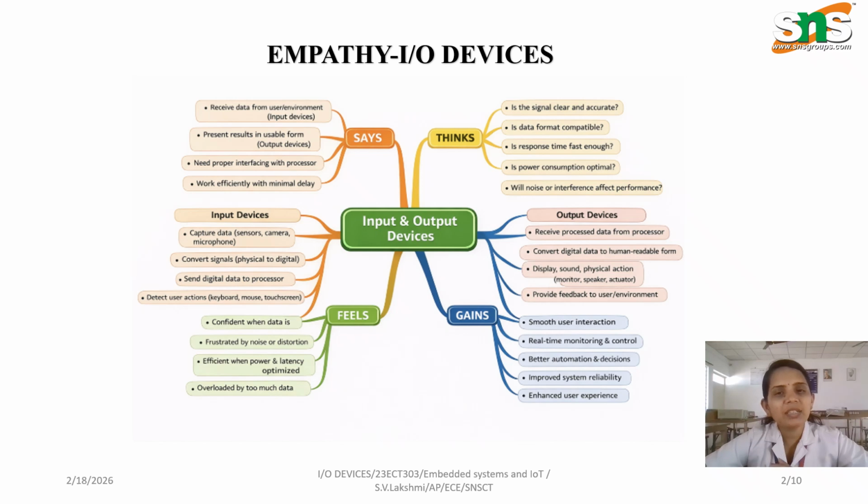All these factors are to be taken into consideration when we choose the IO devices. The signal integrity and timing issues should be properly interfaced and tested. These are the factors where we need to do the empathy in choosing the IO devices for our application.